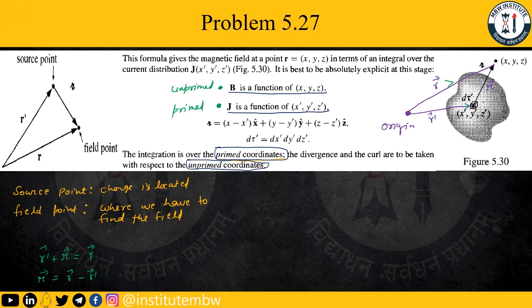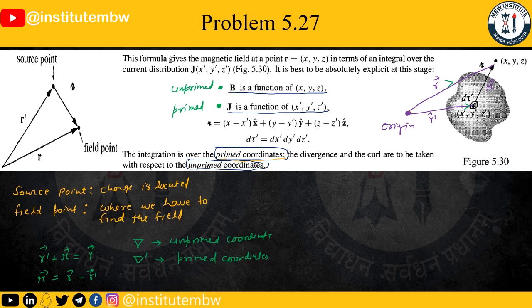Now if I have a gradient operator, then this is the del operator in the unprimed coordinates, and this is the del operator in the primed coordinates.